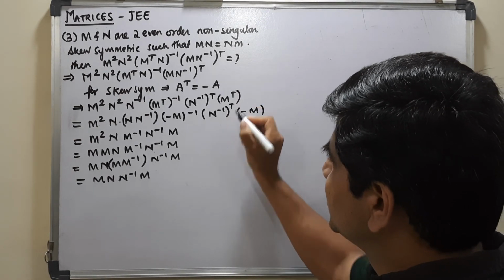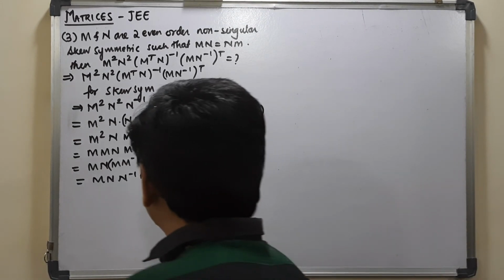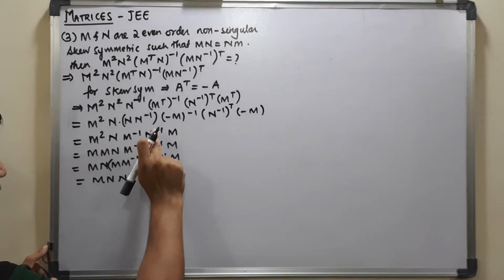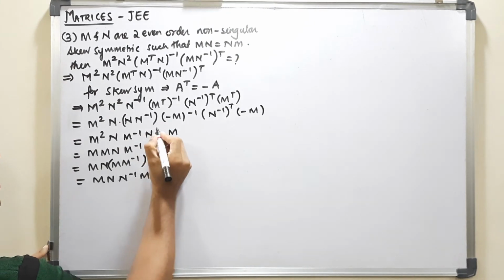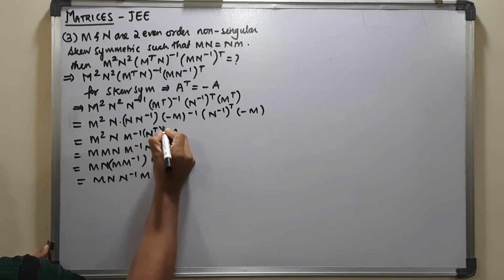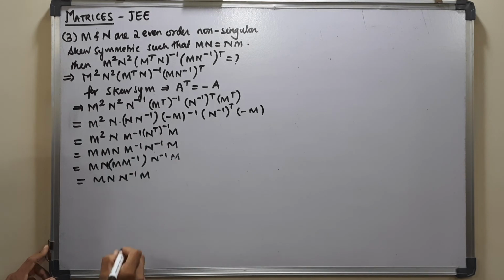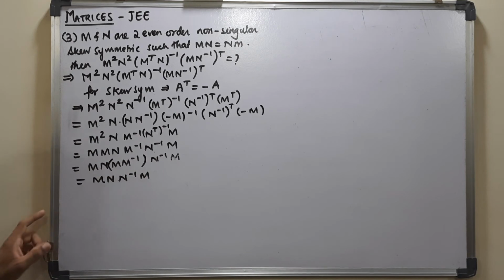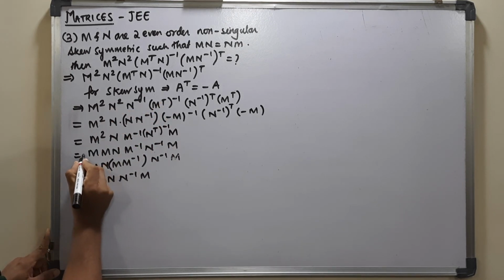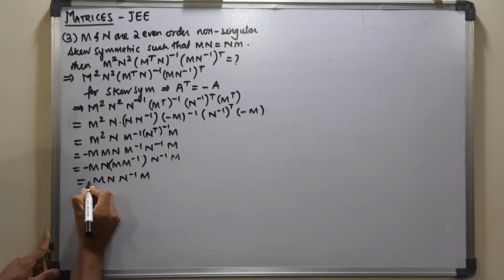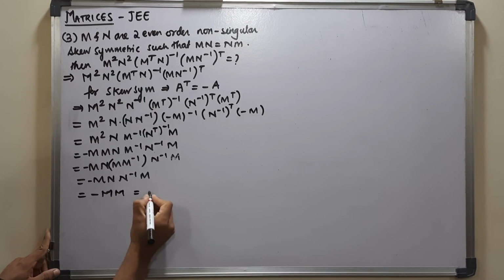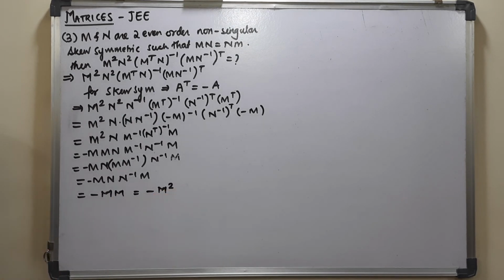So this is the transpose, and I will make a change over here. It indicates N transpose inverse, so this will become minus N. That means N inverse stays here but with minus, minus and minus, so this will become minus M. This is the identity matrix into M, that is minus N square.